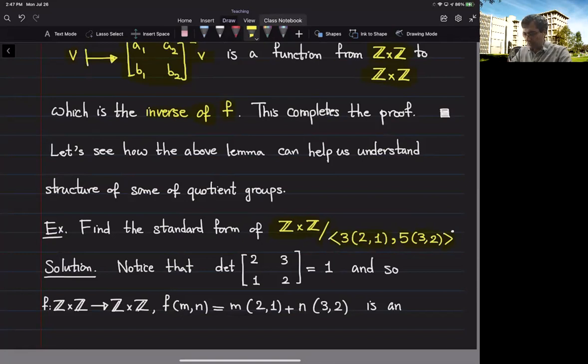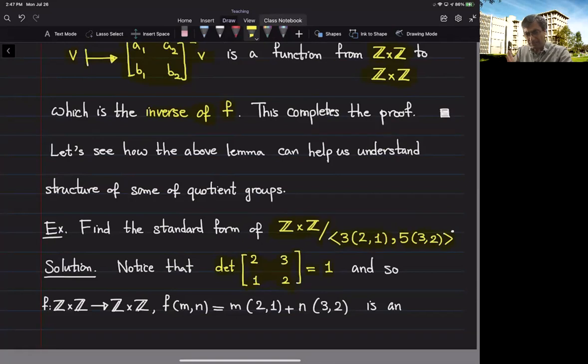But let's look at the vectors that we are given, (2,1) and (3,2). If I put them in the columns of a matrix, I end up getting a matrix whose determinant is 1. 4 minus 3 is 1. So the determinant of this 2 by 2 matrix is 1.